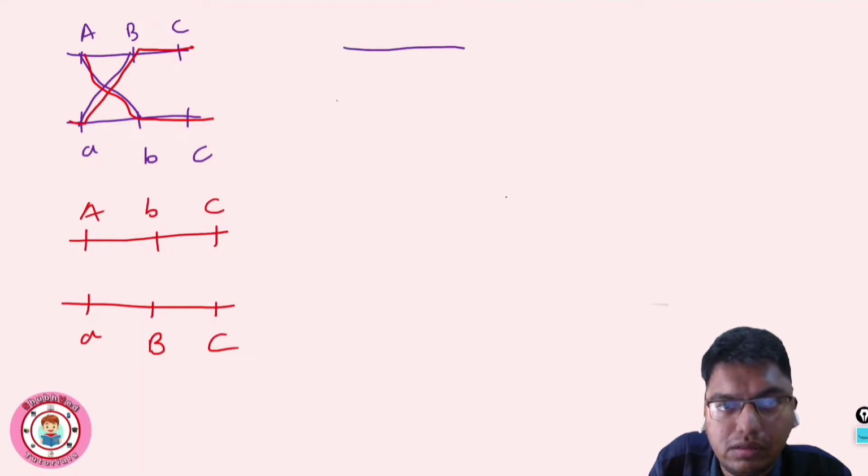See, A, B, C, small a, small b, small c. Then crosses between now B and C, second case. Then what will we get?